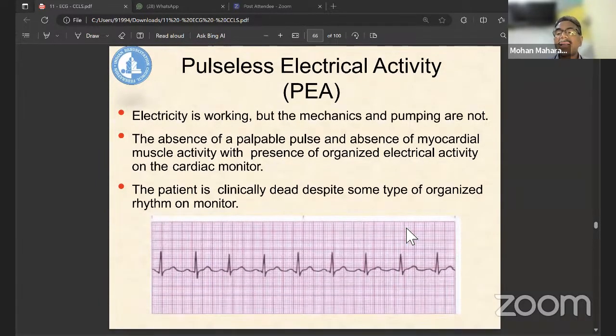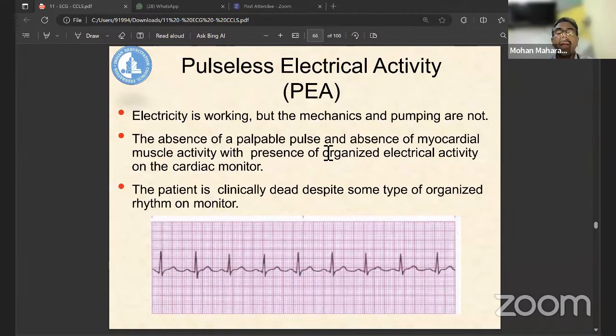So what is pulseless electrical activity? We all know electrical activity comes from the heart as a waveform, as we discussed, but there is no pulse. That means the ECG is seen clearly, but that effort is not reflected in the flow of blood or pulsatility, and the mechanism of pumping is not happening.